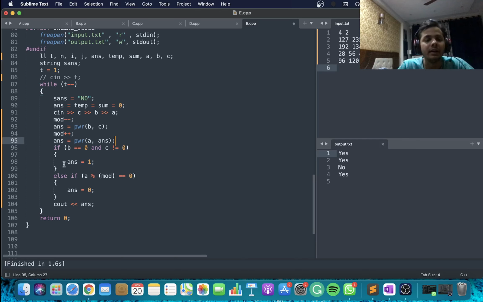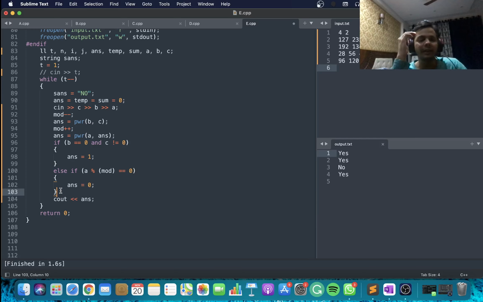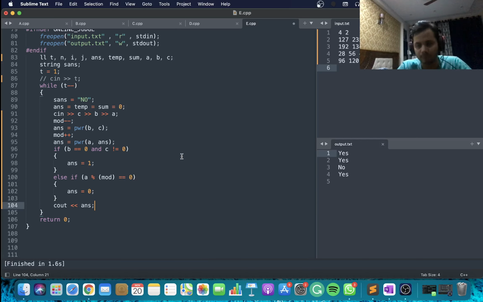And then there are a few corner cases here. One is that if b is equal to 0 and c is not equal to 0, then obviously the answer would be 1. The second case is that if a modulo mod is equal to 0, then obviously a raised to the power anything will just give 0 modulo mod, right? So then the answer would be 0. Otherwise, the answer would just remain the same, and I can simply output that.